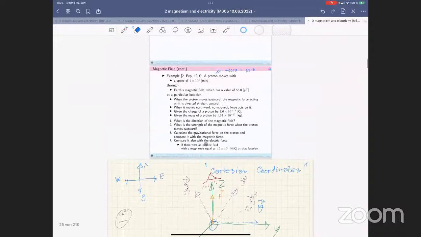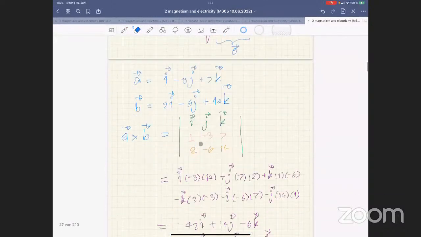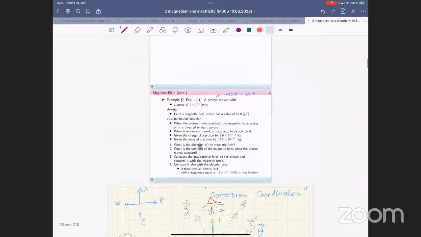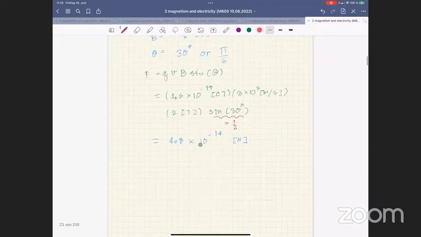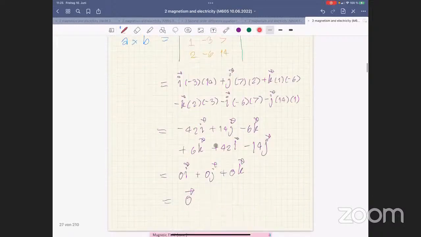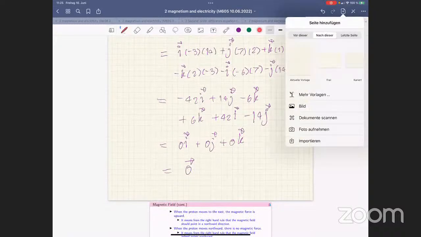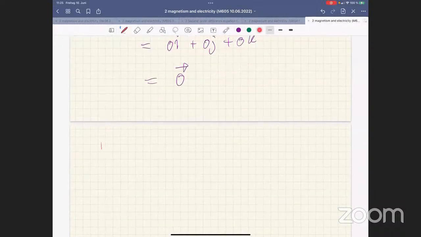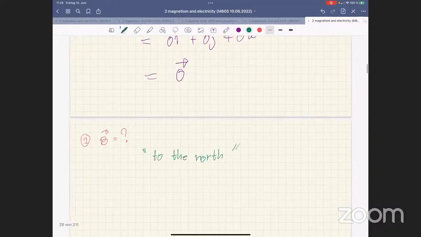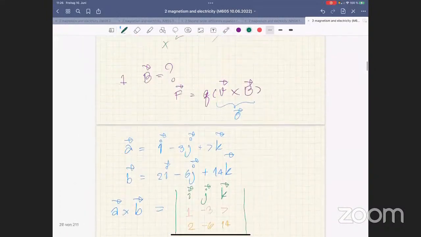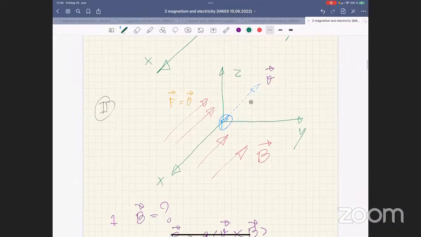So the first question, the B direction, we will deliver the answer as to the north direction. We get the direction for vector B as to the north, because the vectors should lie in the same direction so that we get the cross product as 0.